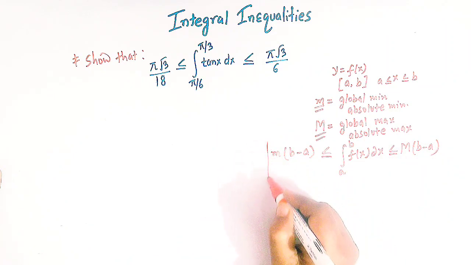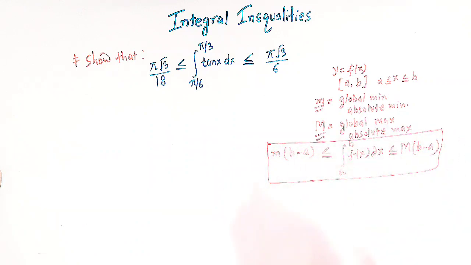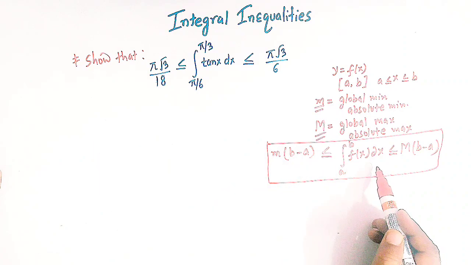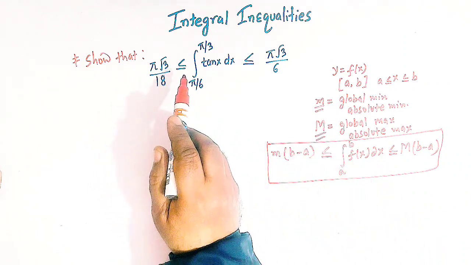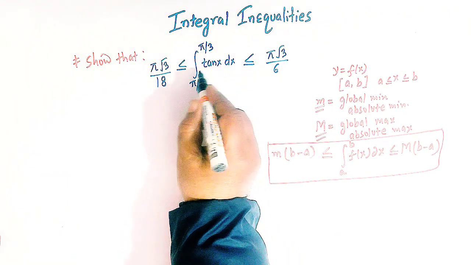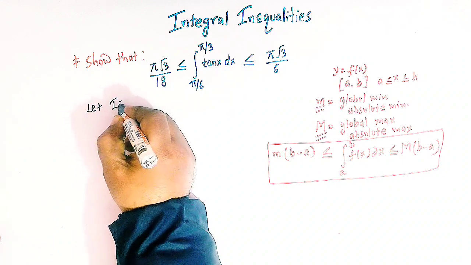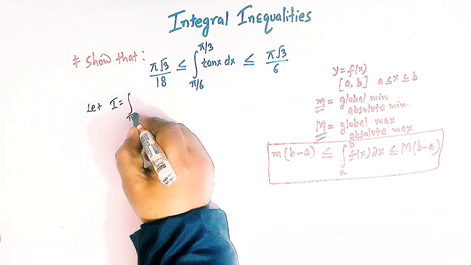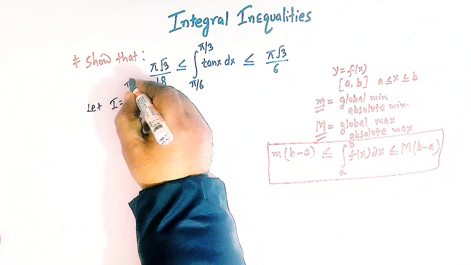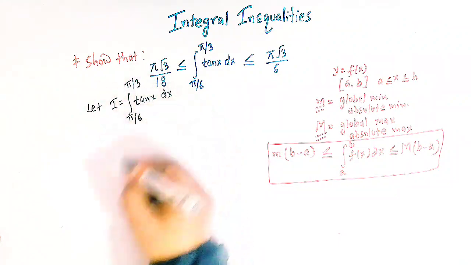So we have this important inequality, right? So we'll make use of this inequality to prove this result. So let us first denote this integral by I, right? So we have I from pi by 6 to pi by 3 of tan x dx, right?